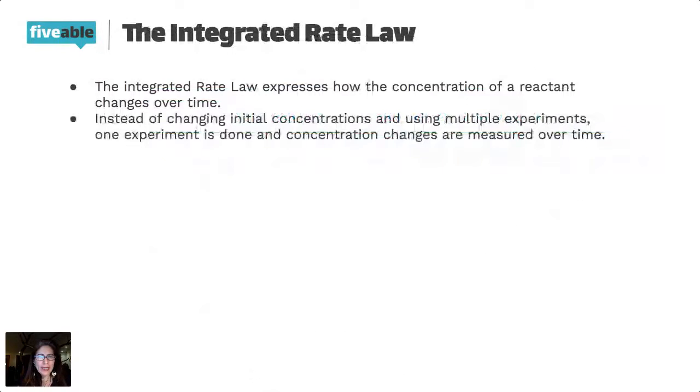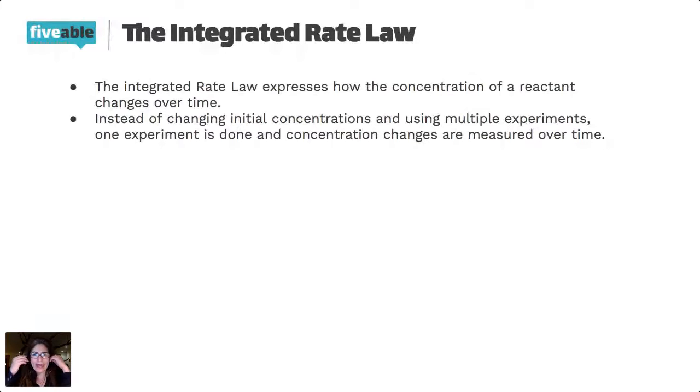Okay, now we're going to see the integrated rate law. This is the one that takes time into consideration. Thank you, Perla. The integrated rate law expresses how the concentration of the reactants changes over time.